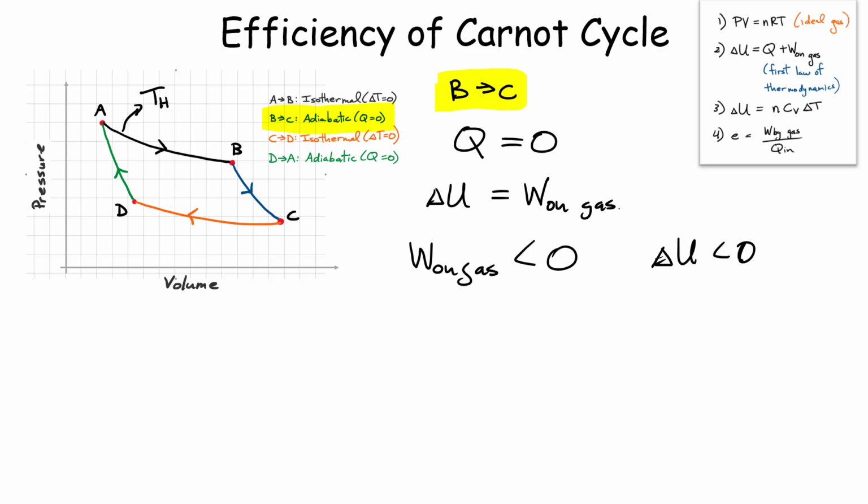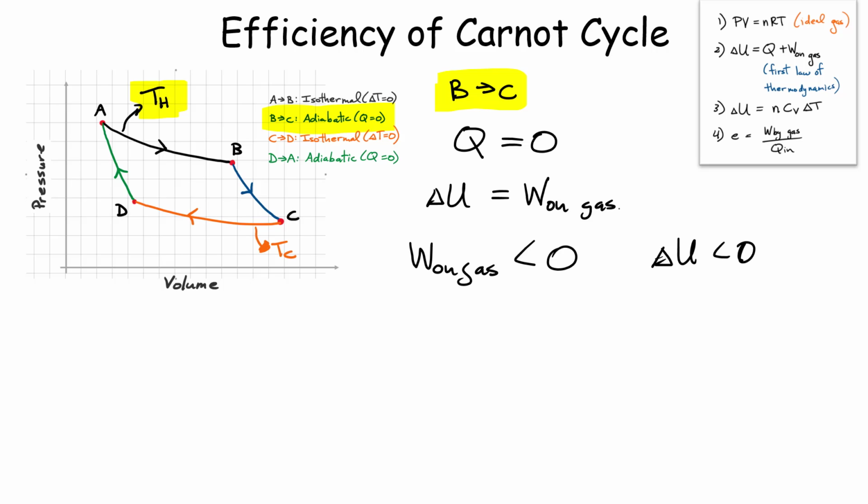Before calculating this, let's remember that A to B was an isothermal process. We said all of this happened at one temperature. I called it T hot. Now, the process right after B to C is also an isothermal process. I'm going to call this another temperature, TC, and you're going to see why in a minute. Kind of jumping the gun a little bit, but everything along this orange line happens at the same temperature because it's isothermal.